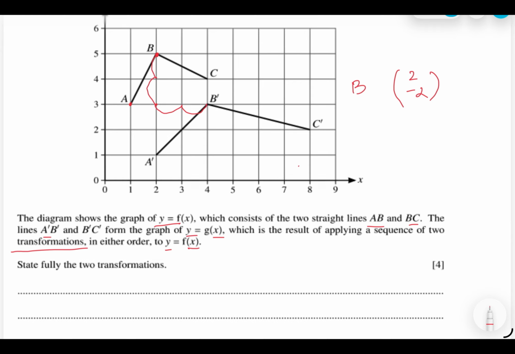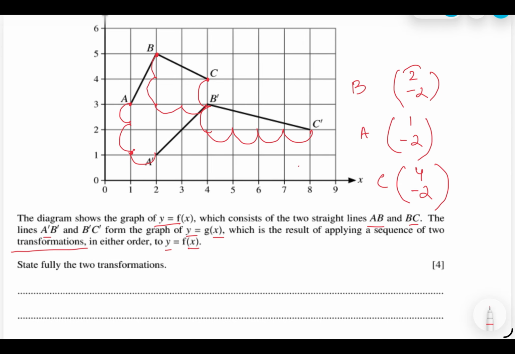Can you see the translation of A? It is again (-2, +1). Can you see the translation of C? The translation of C is (+4, -2).